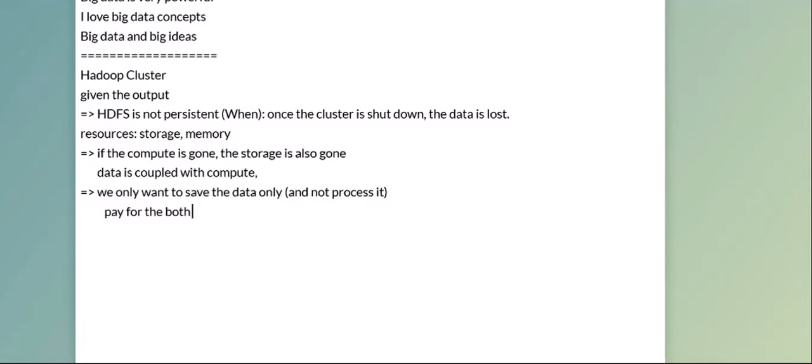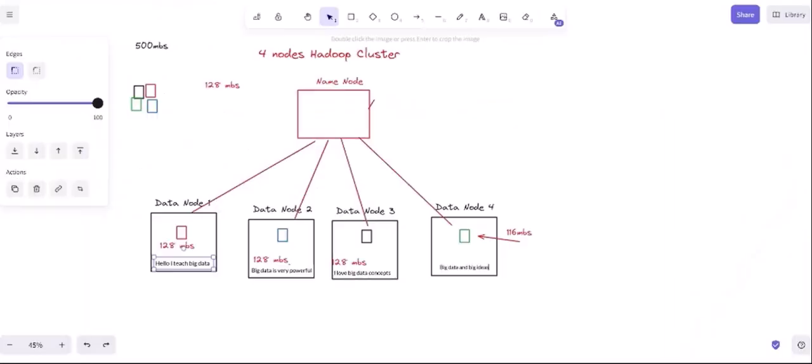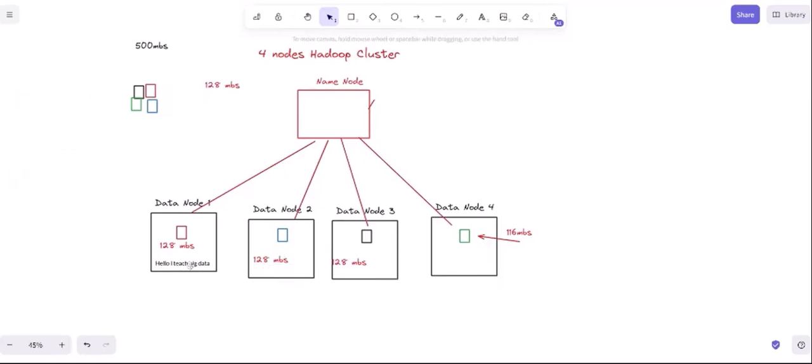But in HDFS or a Hadoop cluster, this is not possible. So this is the main thing: HDFS is not persistent. When the cluster is shut down, the data which we have stored is gone. This is not a favorable scenario for any company. So I hope this is clear.